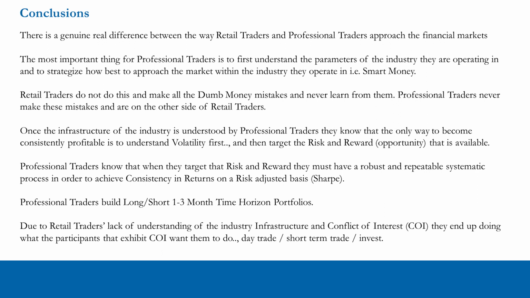We target the risk and reward opportunity that's available in the market. The market dictates the opportunities to us. Okay, we don't transpose a solid requirement onto the market to try and make a certain amount of money every day. We look at the volatility, we understand it, and we operate within those parameters.